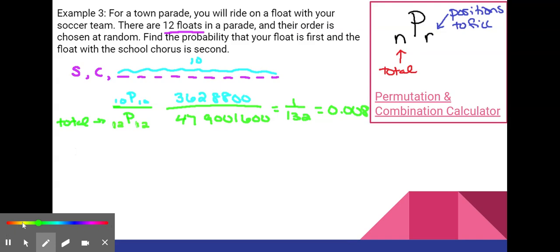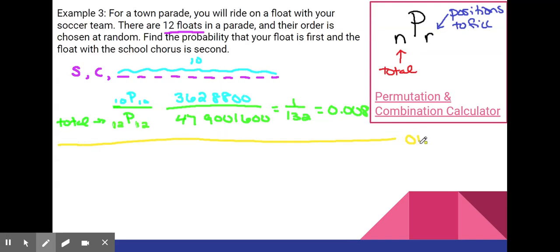The other way that you can do it is we know it's a probability. So I know I'm going to have a fraction. And the way I look at it, and again, this is just my way, is that I have two positions I want to have done. I want them to be picked this way.